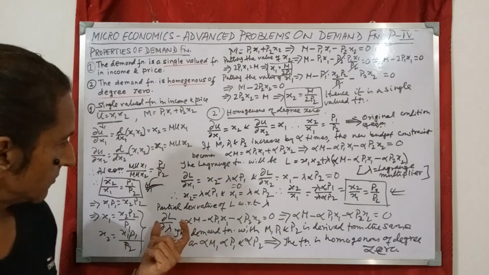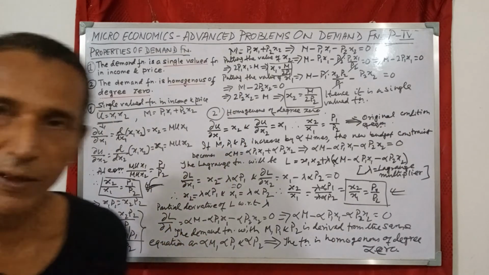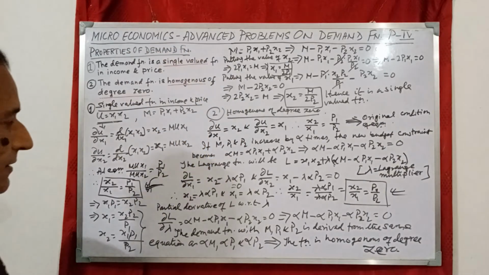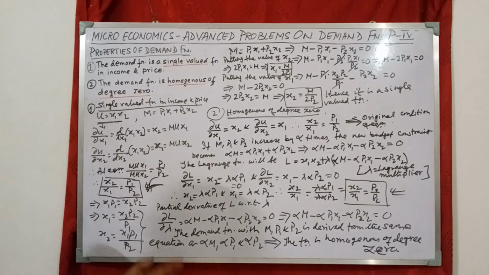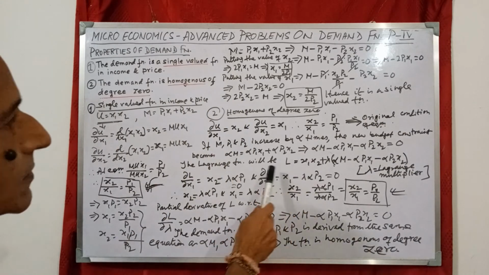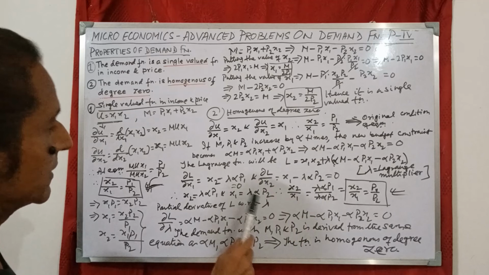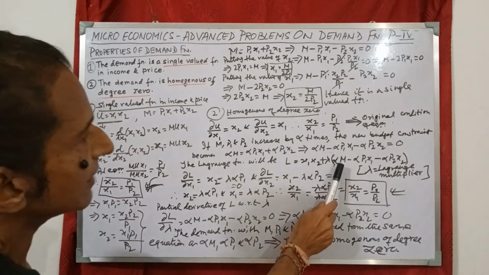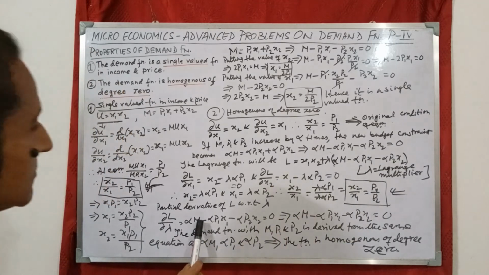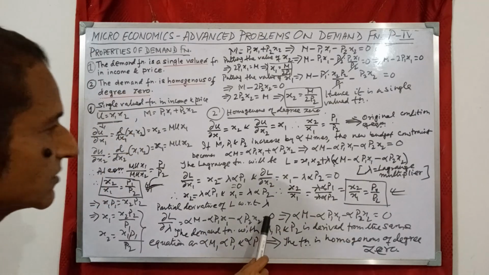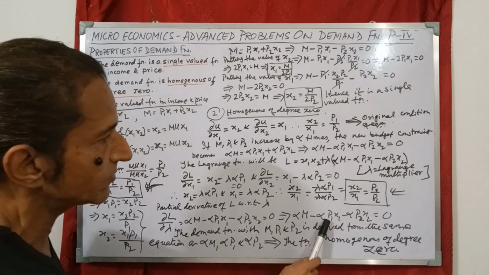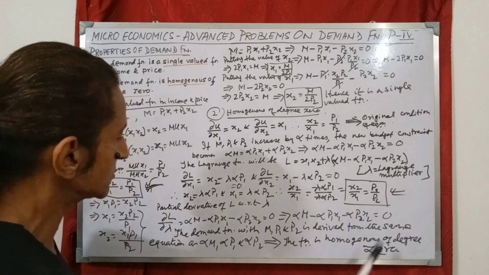Now we are taking the partial derivative of L with respect to lambda. What do you get? Del L del lambda equals alpha m minus alpha p1 x1 minus alpha p2 x2, which is equal to 0. That is, alpha m minus alpha p1 x1 minus alpha p2 x2 equals 0.